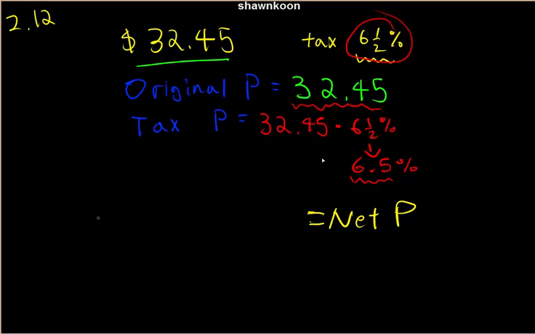So the original price was $32.45, and our tax was 32.45 times 6.5%. But you guys remember, we can't do that, so we have to change that percent into a decimal.